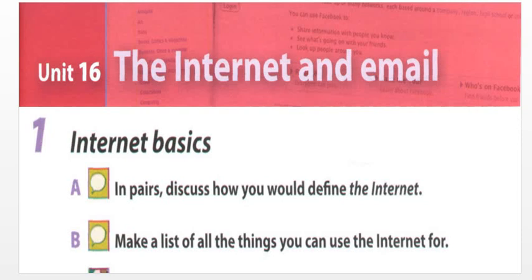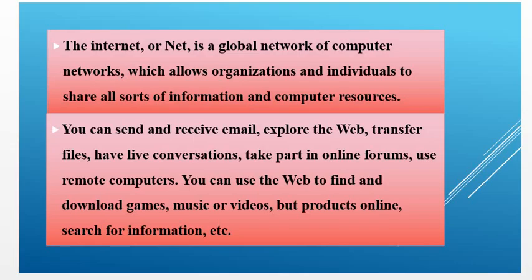Can you guess what the Internet is? And Part B: make a list of all the things you can use the Internet for. Please have a piece of paper and a pen and write what you can do with the Internet. And here is the answer for these two questions.